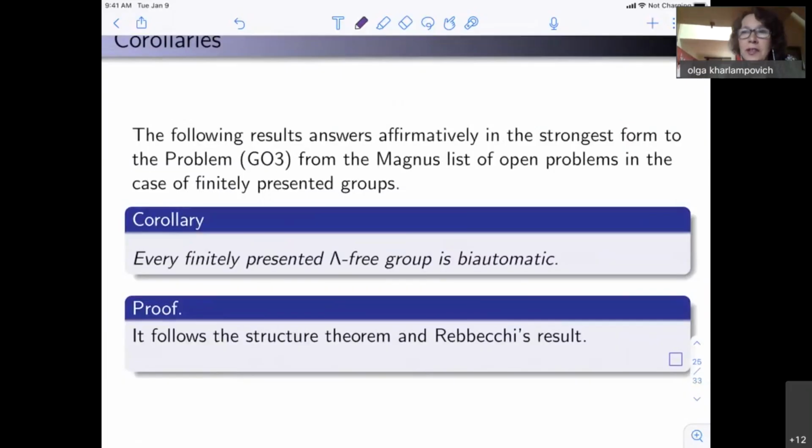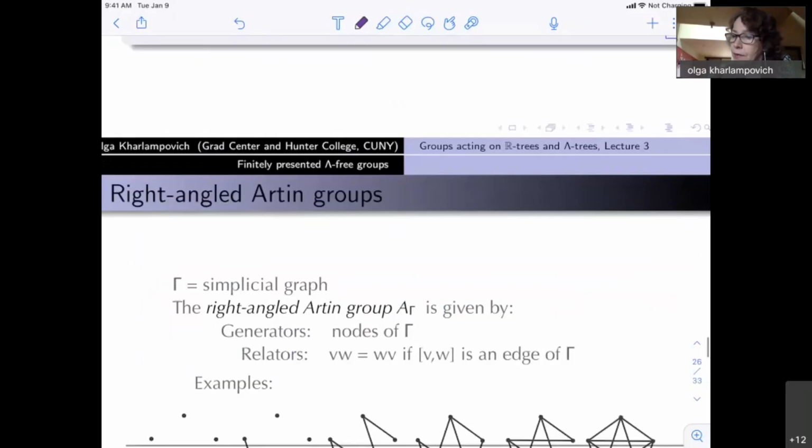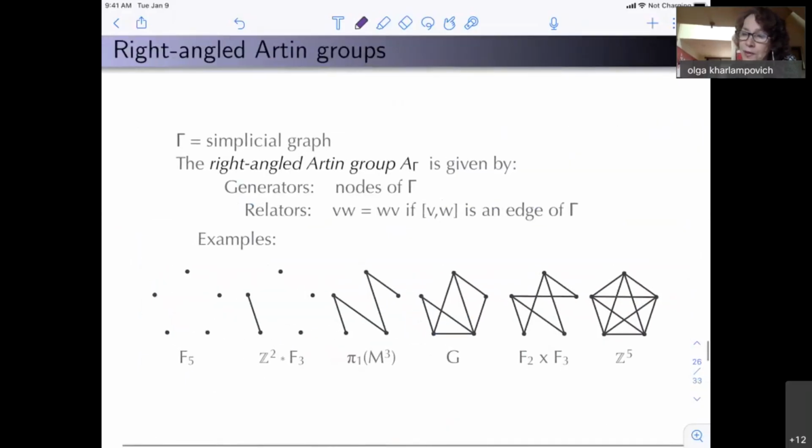So there is an interesting class of right-angled Artin groups. Basically, we have a simplicial graph. A right-angled Artin group is given by generators, the nodes of the graph, and the relators are just commutativity relators.